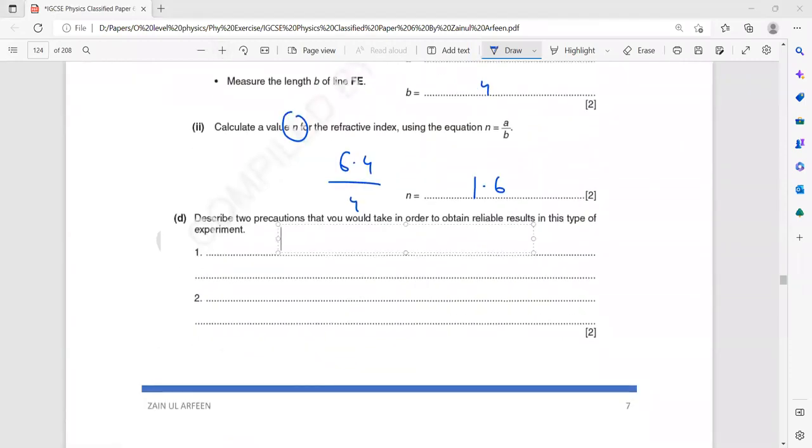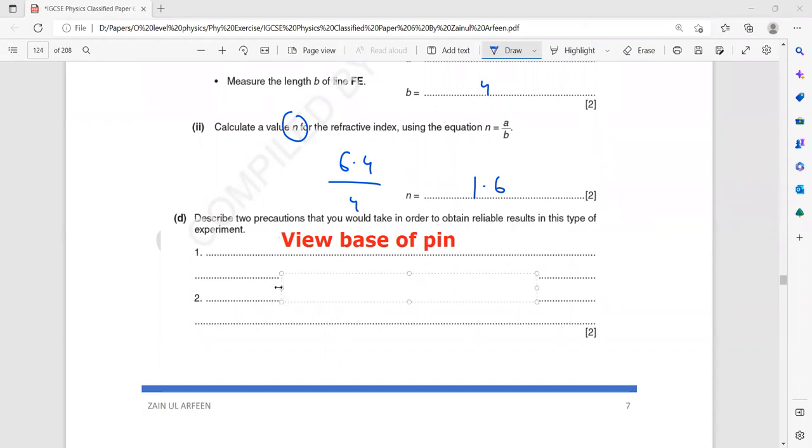View the base of the pin, the bottom, the base we always see, and use large spacing between the pins.